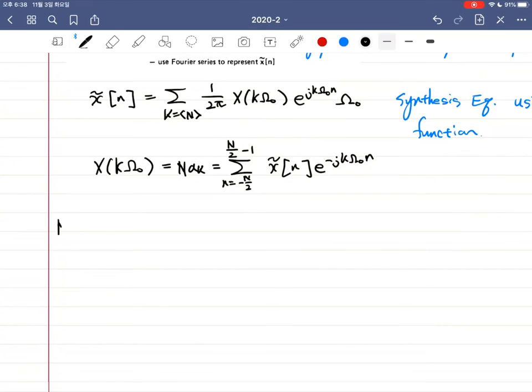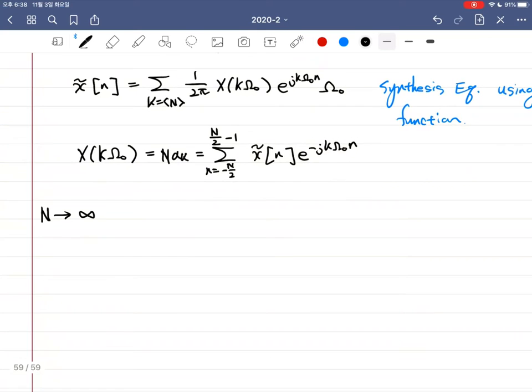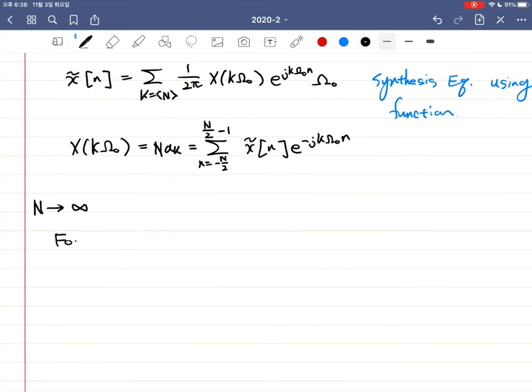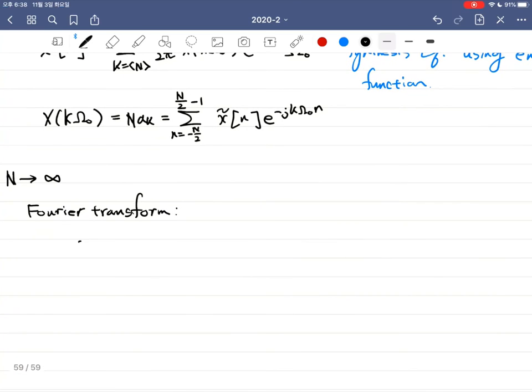And as you increase large N to infinity, it becomes the Fourier transform. I'm just going to write it. The Fourier transform: xn is 1 over 2 pi times the integration over just one period of large X of omega, e to the j omega n, d omega.